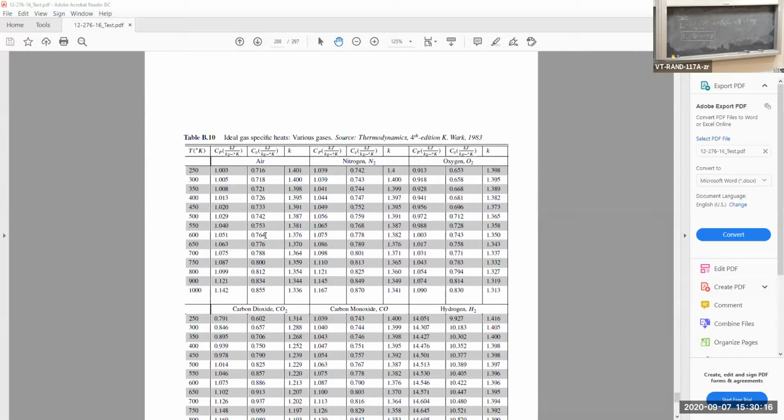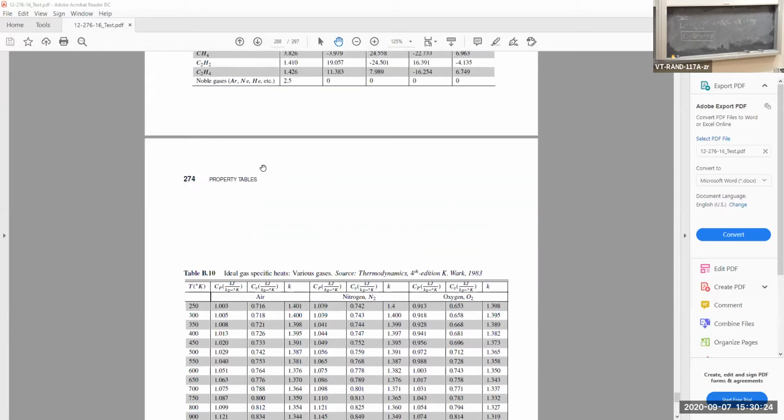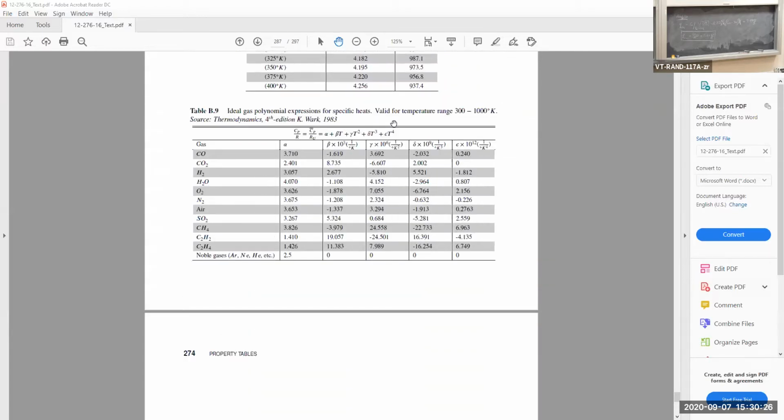What if you want very, very good accuracy for your calculation? Let's say you want maximum accuracy. Well, look at this. Table B9. Ideal gas polynomial expressions for specific heat. Cp over R, so this is a dimensionless quantity.